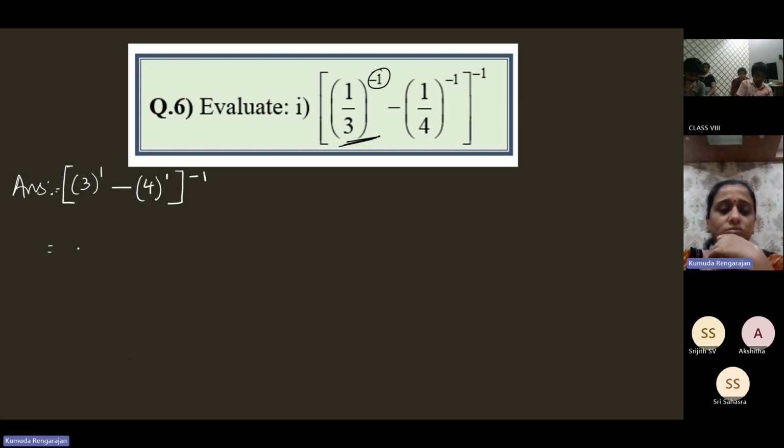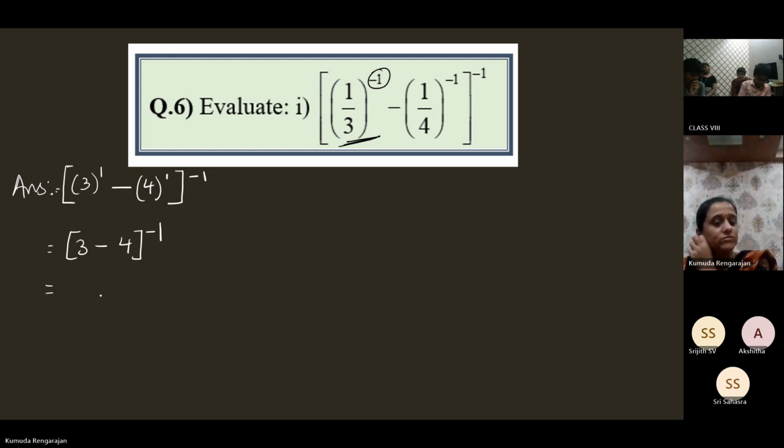What's the value? Ma'am, 3. Minus 4 to the power 1? 4, ma'am. Then can you see the square bracket raised to the power minus 1? Put that. Now what is 3 minus 4? Ma'am, minus 1. Minus 1 to the power minus 1.